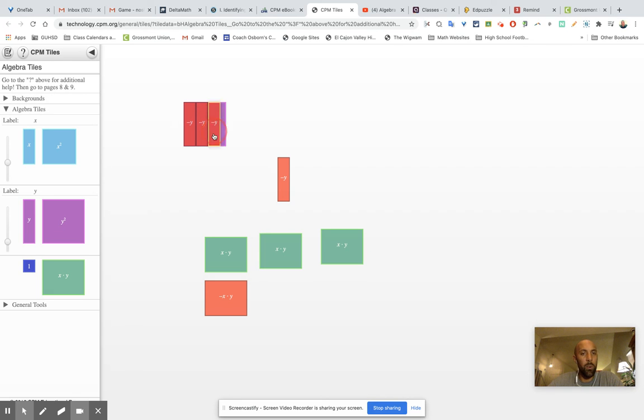So that's not going to work. Those aren't zero pairs. Now, here for xy, notice how if I take that xy, it lays right over the top. So those can be taken away as a zero pair. So now what I'm left with is y squared minus 4y's plus 2xy's.